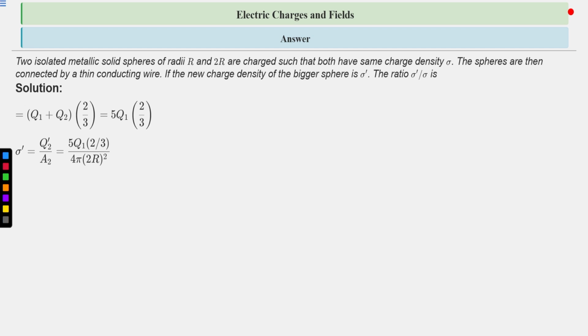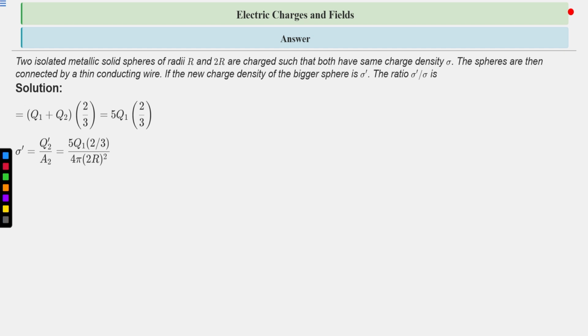Now sigma prime. Sigma prime is the surface charge density of the bigger sphere, which is equal to the charge on the bigger sphere after connecting it with the thin conducting wire to the other solid sphere, which is Q2 prime upon A2. Q2 prime we have found: 5Q1 into 2 by 3.